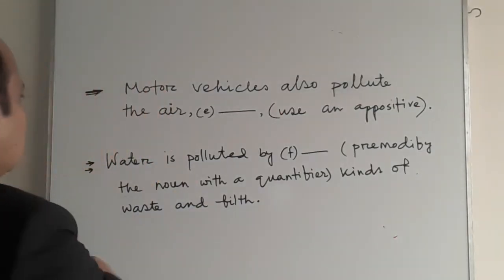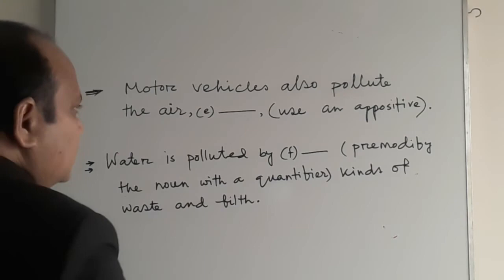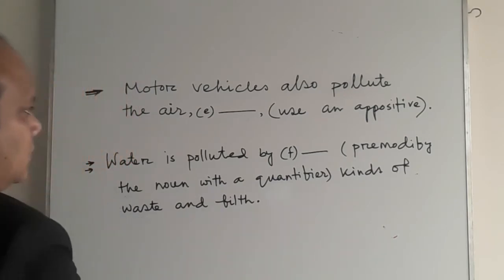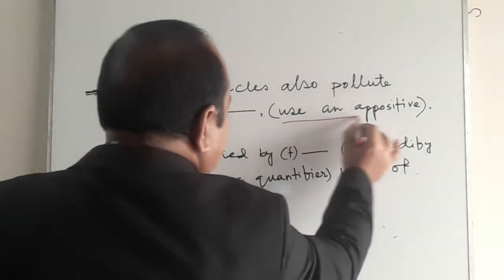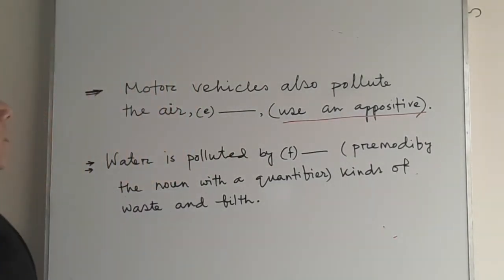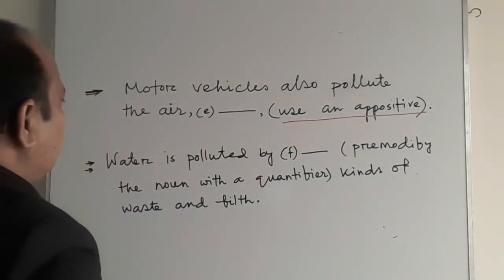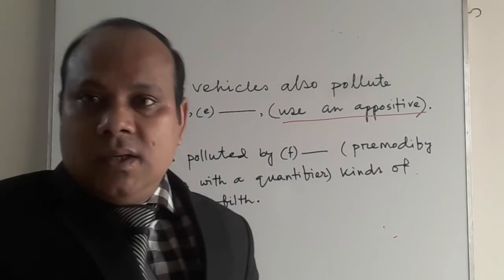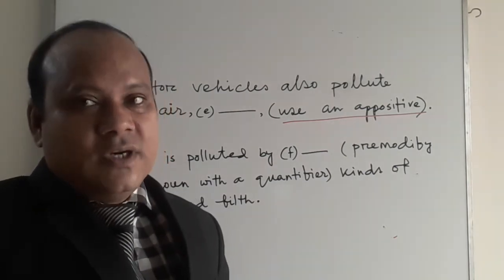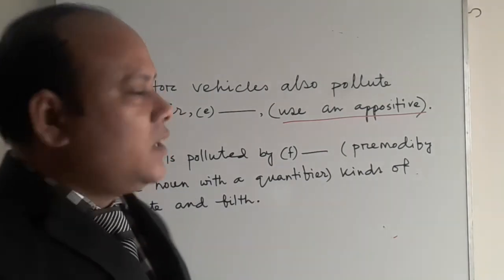Okay, my dear students, motor vehicles also pollute the air. So you are asked to use an appositive. So we can easily detect the answer, because what is the position of air in our environment? We know it's an important element of the environment.